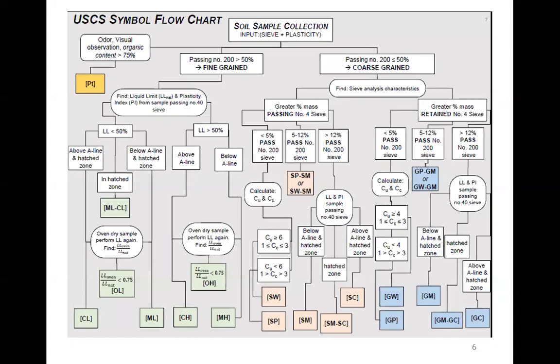So if we look at our flow chart, and again, I'm not going to be giving you this exactly. You don't need to memorize all of these things. But if we look at our flow chart, we would have greater than 50% passing the number 200 sieve. There was no identification of organics. The liquid limit is less than 50%.